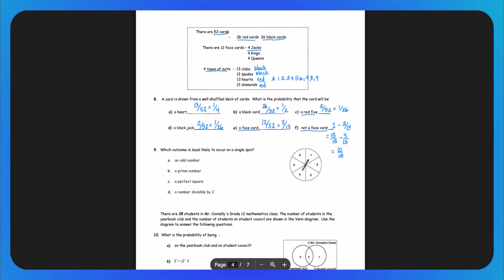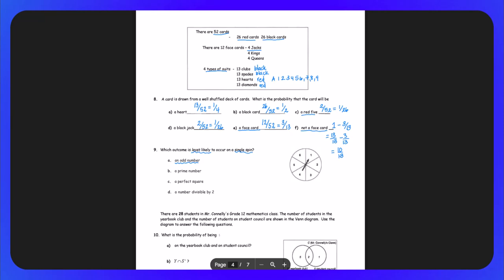Let's look at number 9. Now, this one is asking us what is the least likely to occur? In other words, which has the smallest probability. So in order to determine these, let's look at this spinner. It has numbers 1 through 6. We give it a spin. And the first question is asking, what about if it's an odd number?